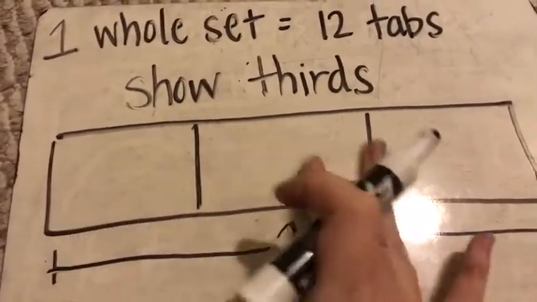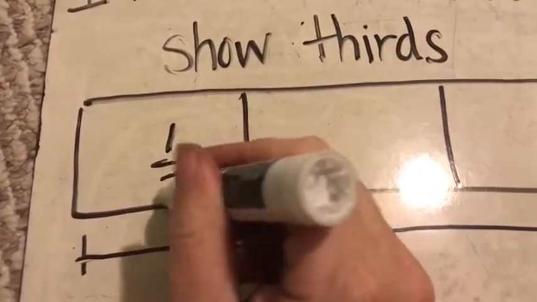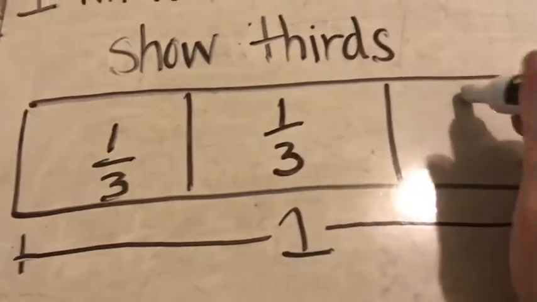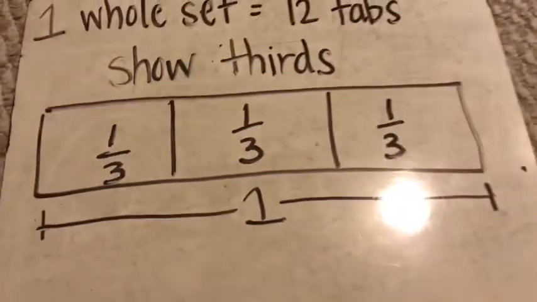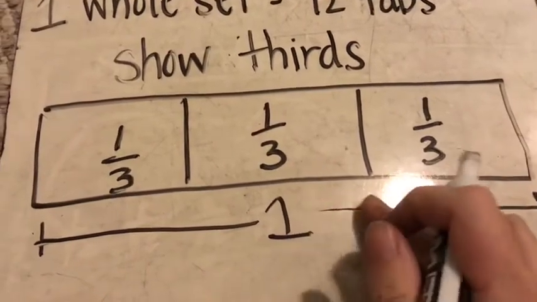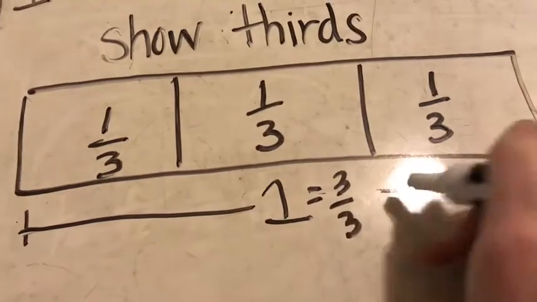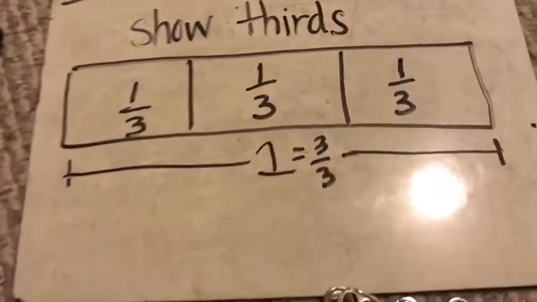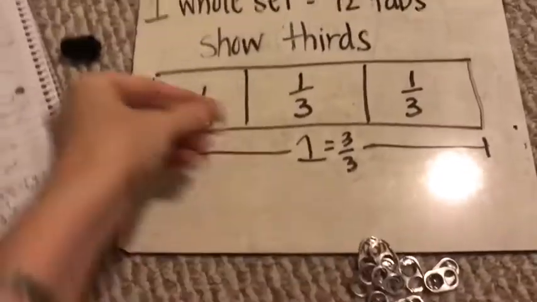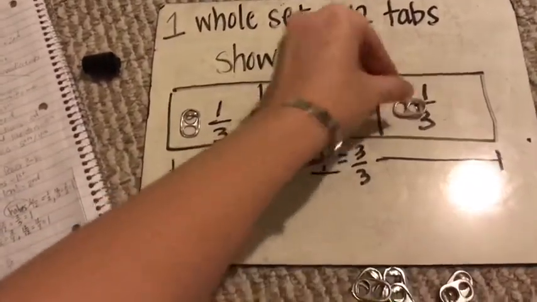If I have them split into 3 parts, this would represent 1/3, this would represent 1/3, and this would represent 1/3. So if I had 1 whole, that's going to be the same as 3/3, right? Okay, so say I want to show thirds of my set. I'm going to split up my tabs into those 3 groups.